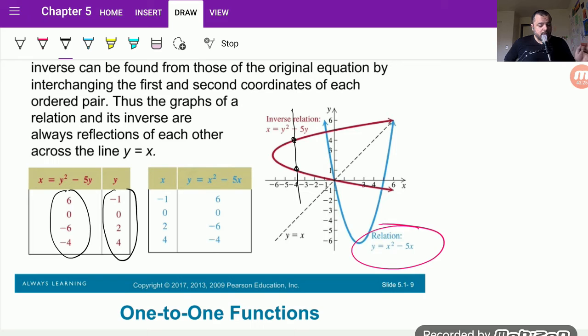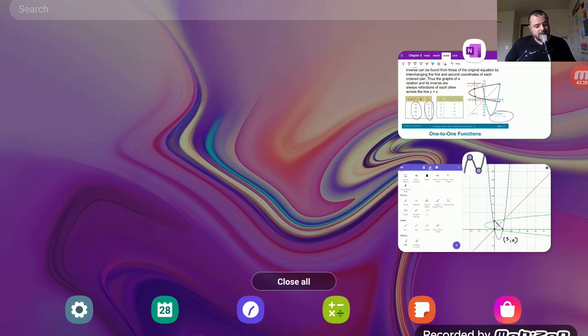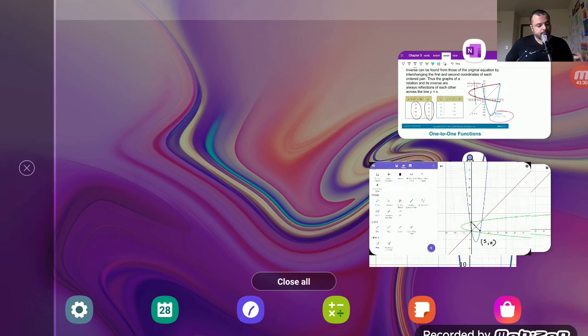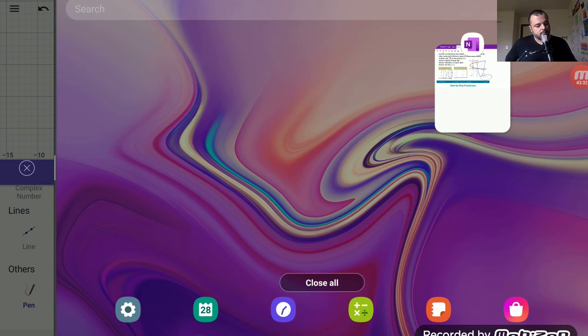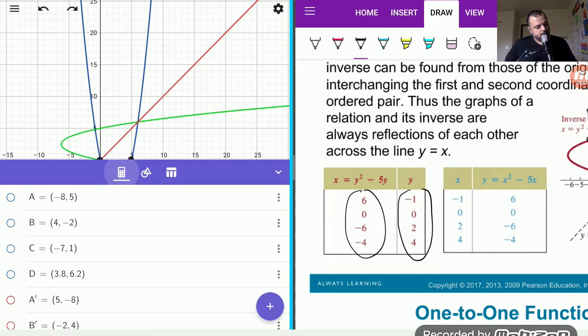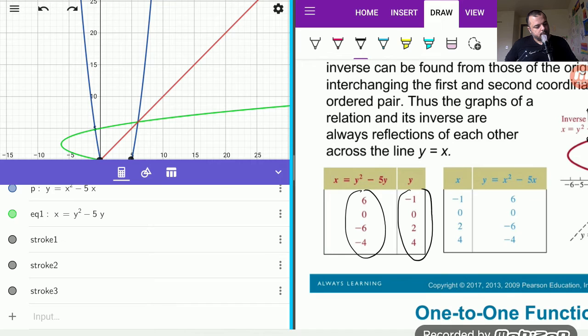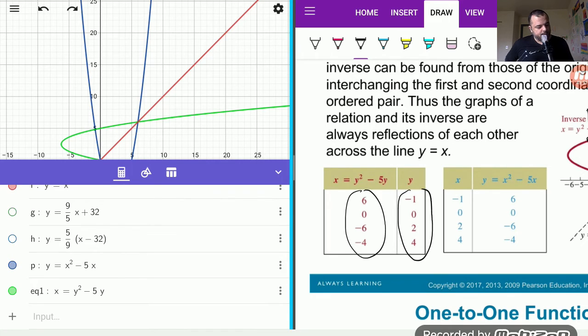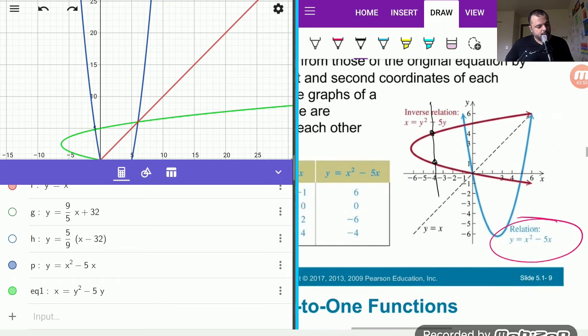Let's think about it. I'm going to take it to the GeoGebra and see. So let me take this graph.